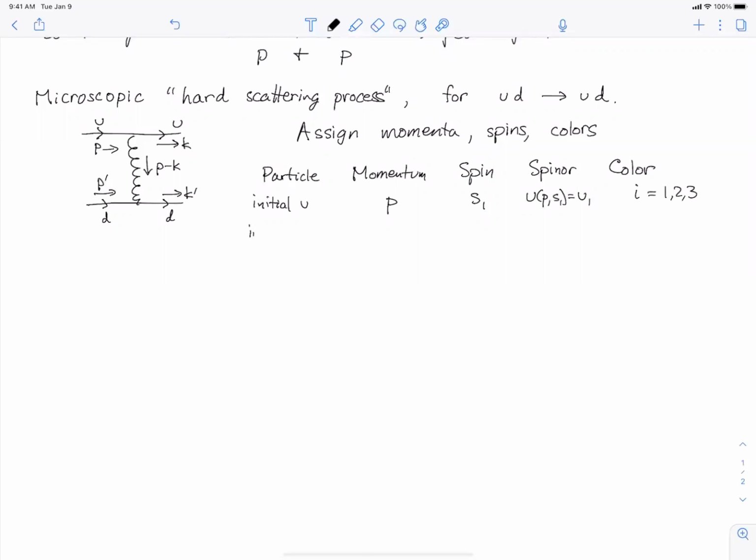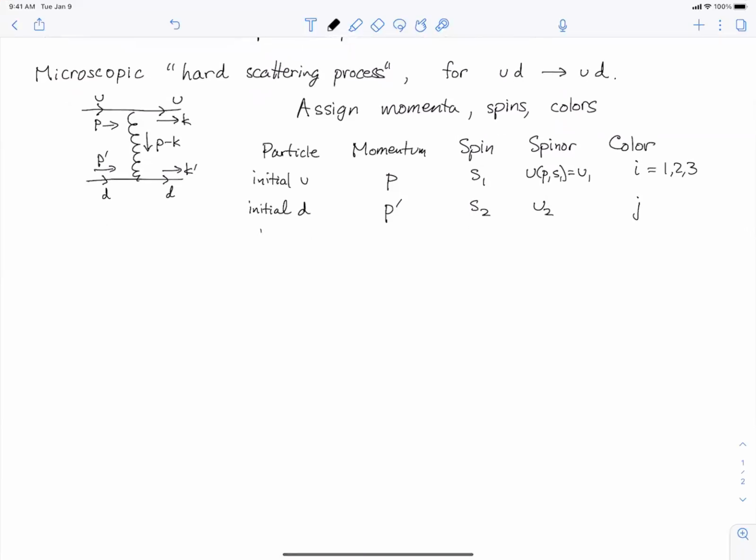Okay, then there's the initial down quark with momentum P prime, spin S2. And so its spinor is going to be called u2. That's supposed to include the information about both P prime and the spin S2. And then its color is j, which again will be 1 to 3. Then there's the final up quark, with momentum K, spin S3.